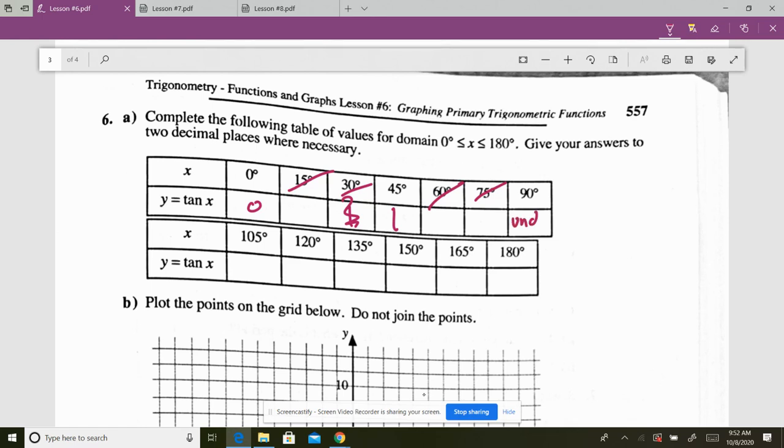Error, because it means undefined. Tan of 135, please. -1. And tan of 180, please. 0. Okay.